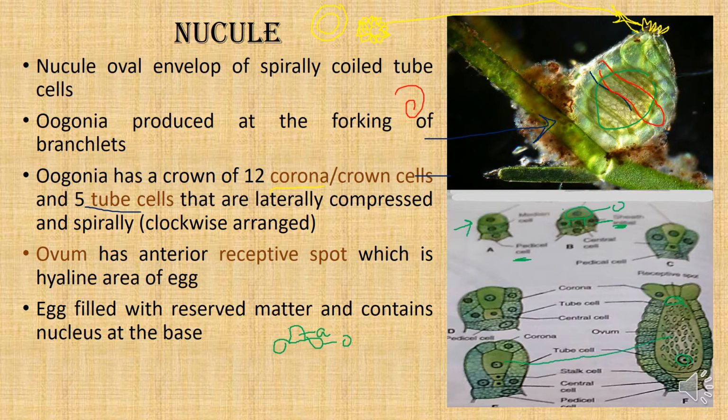So this is how they are formed, and this cell gives rise to this one. So there is a receptive spot through which the sperm fuses with the egg, and this receptive spot is quite less granular and hyaline.